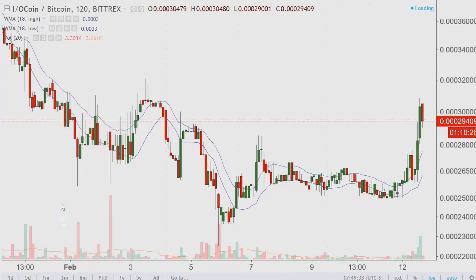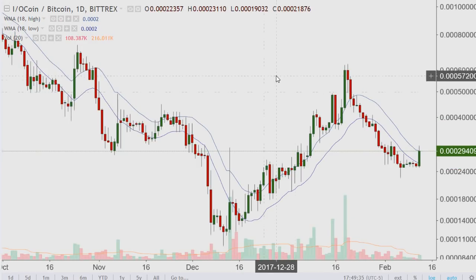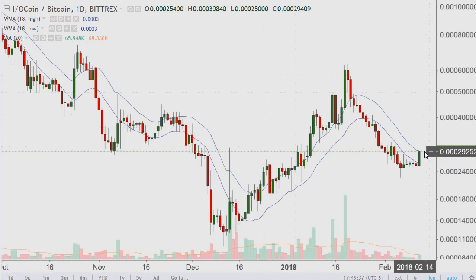Take a look at this on a daily time frame. So I'm looking to sell when this thing gets above the 18 average of highs. That's not where that's at. It's at the 18 average of highs, but it's not well above it. I mean, it technically got above it, but that's barely getting above.